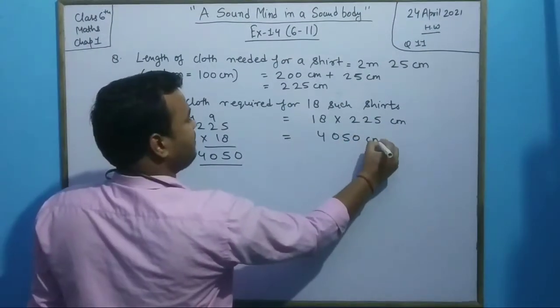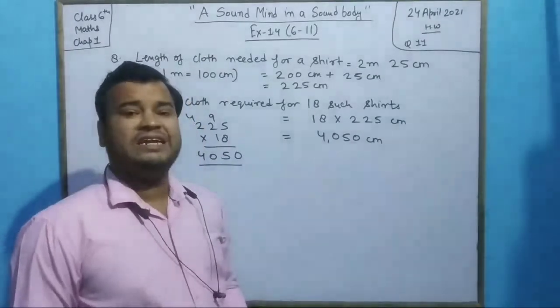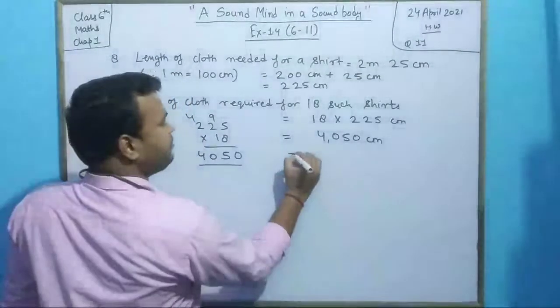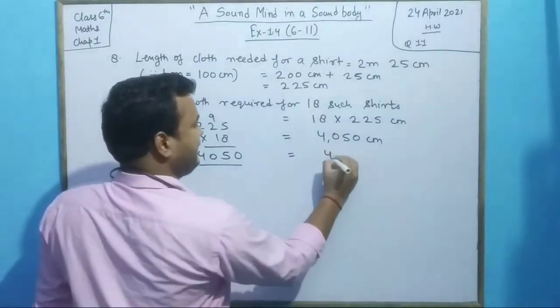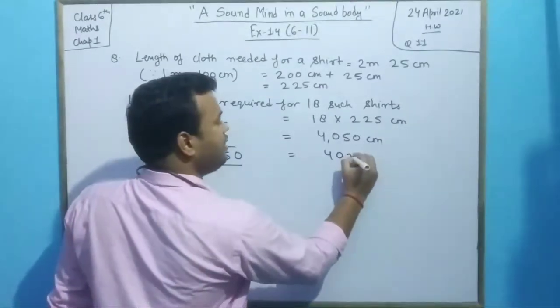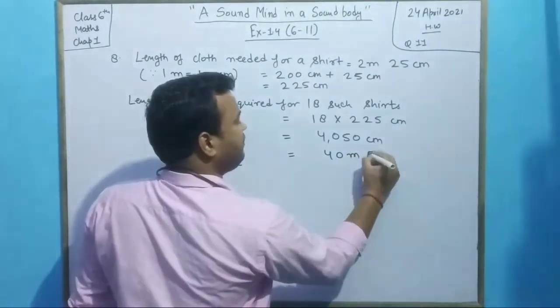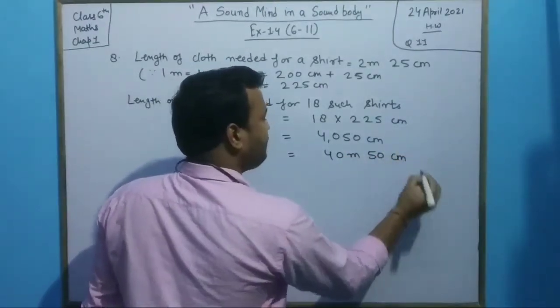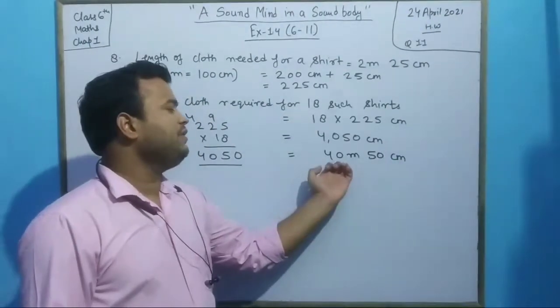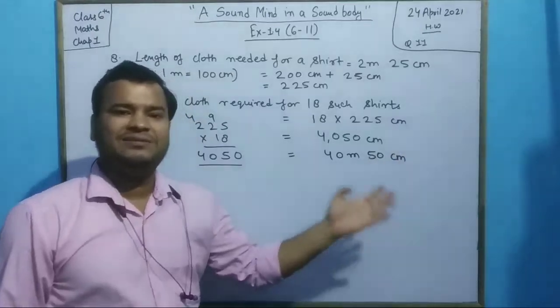4050 centimeter. Convert this centimeter into meter, we will divide this by 100. Whatever will be the quotient will be 40. Okay, quotient will be 40, so it will be in meter and the remainder will be 50, so 50 will be in centimeter. So you already know how to divide, so it will be 40 meter 50 centimeter.